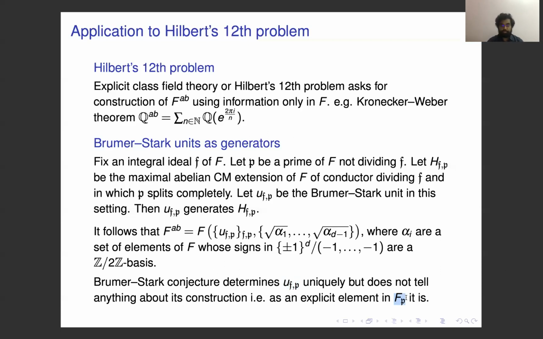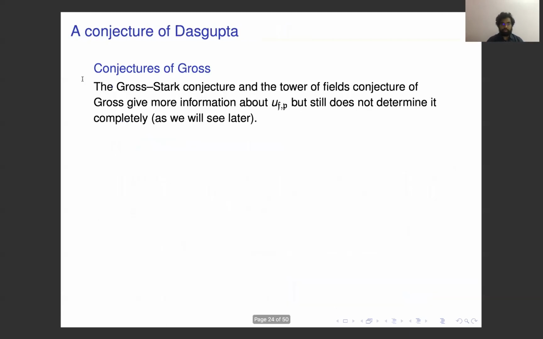Is there a formula for this so that I can write down this element completely? The Brumer-Stark conjecture doesn't tell me anything about this. But if there is a formula for this, then that will give us a solution to Hilbert's 12th problem. This was the motivation for Samit's study of these Brumer-Stark units.